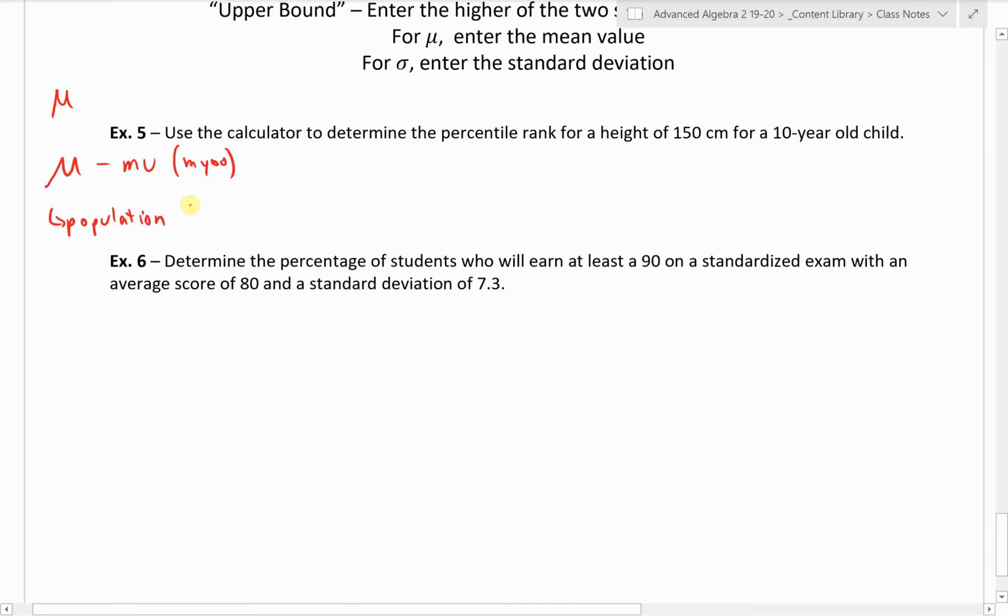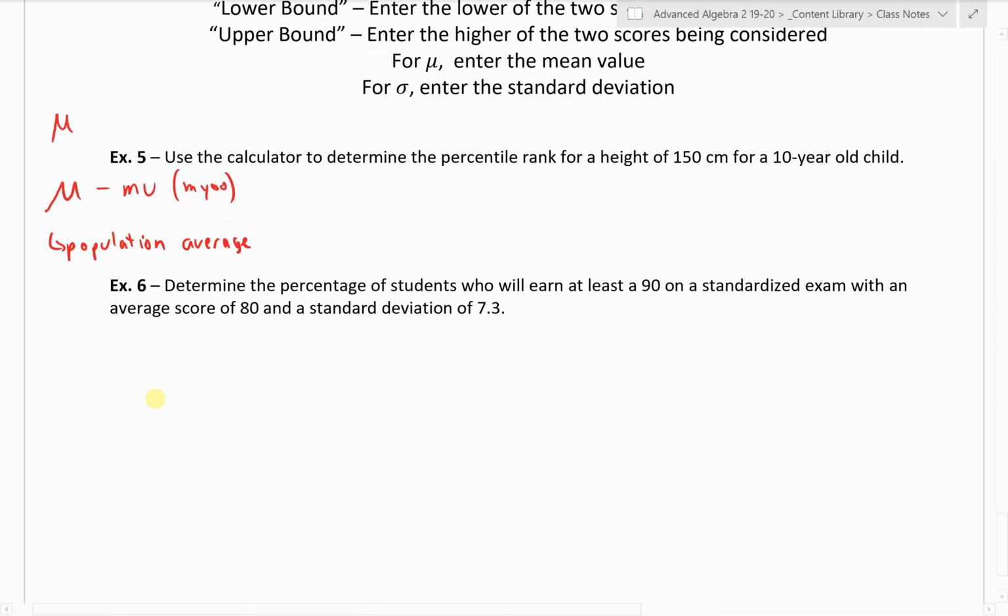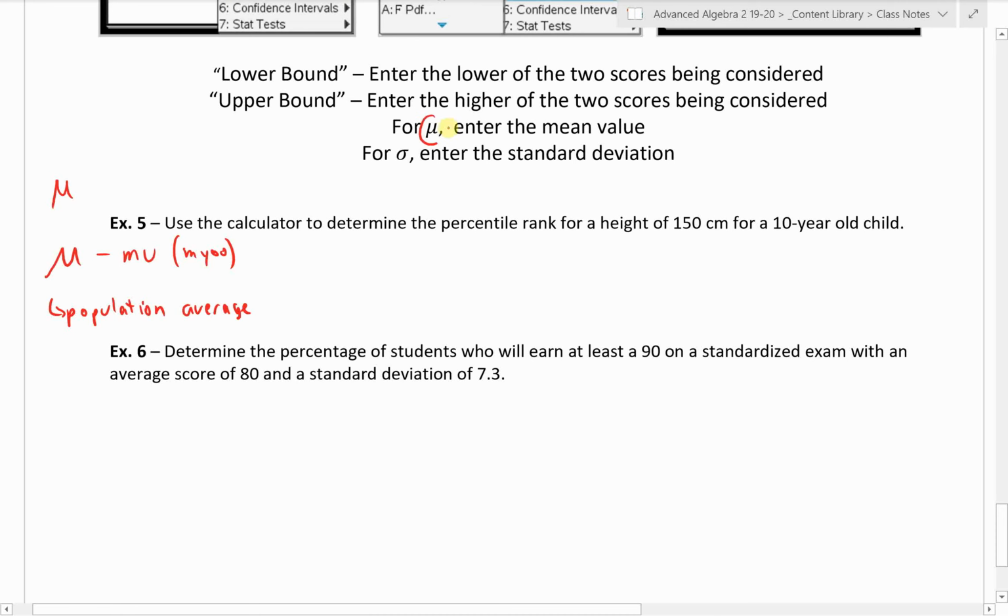So if we know the true average for the whole population, we'll call it mu. If we only know it for a sample, we'll call it x bar. If you're getting them a little bit twisted up for now, that's fine, but just know that mu means average, just like x bar.